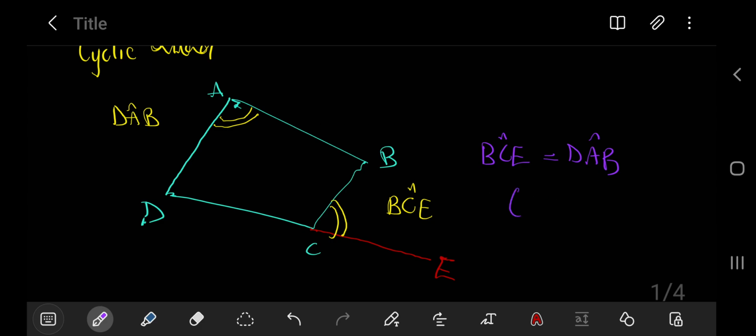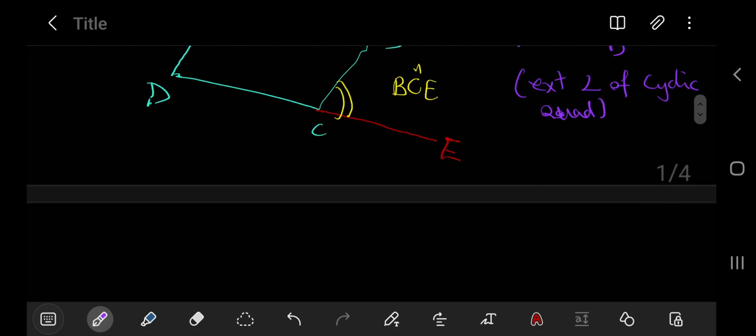And reason being, we have an exterior angle of a cyclic quad. Okay, so one side was produced, so expect an exterior angle.